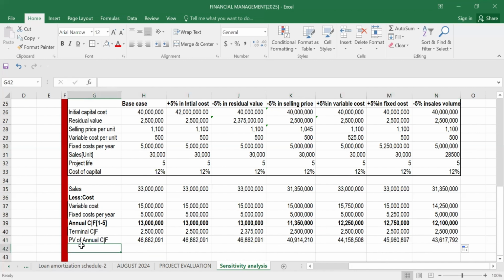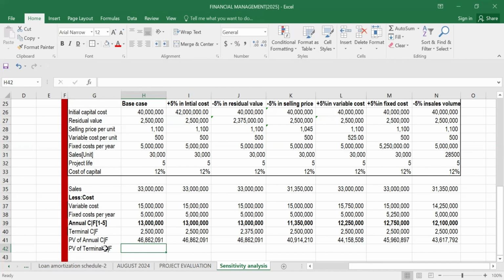Then we get the present value of the terminal cash flow. Now, in terms of how we discount this one, it's a little bit different, because this is cash flow which is to be received at the end of the 5th year.